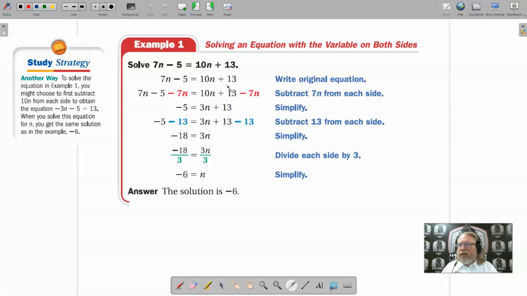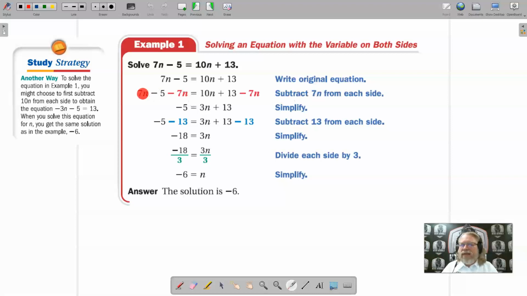So we're going to write the original equation. So we copy the original equation here. Now we're going to subtract 7n, and in the past we've been subtracting just constants from each side, but you can subtract a value or add a value, either one, on to either side where you have variables. So here we subtracted 7n from each side, and let's see what happens there.